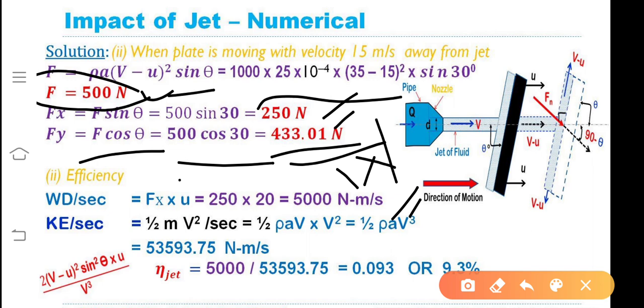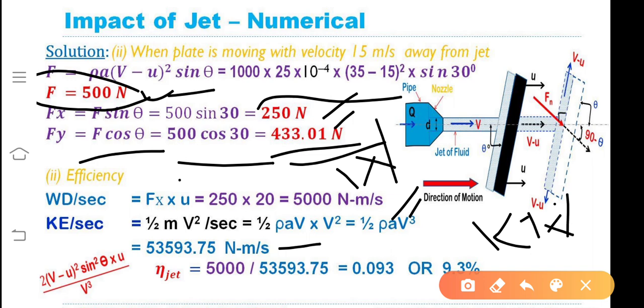Kinetic energy is equal to half m v squared per second, half rho a v multiplied by v squared, that is half rho a v cube. If you substitute the value, you will get 53,593.75 Newton meter per second. You keep both in Newton meter per second or both in watt or both in kilowatt, right?